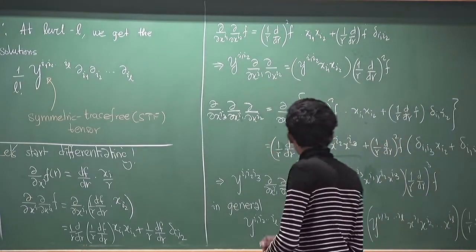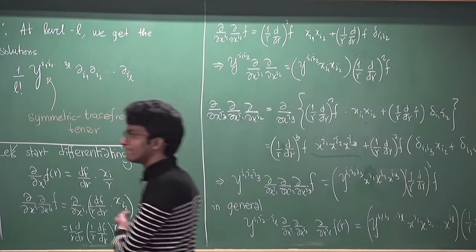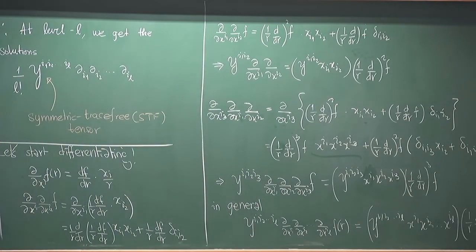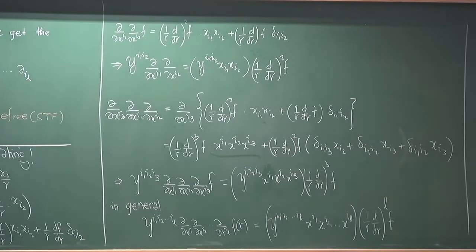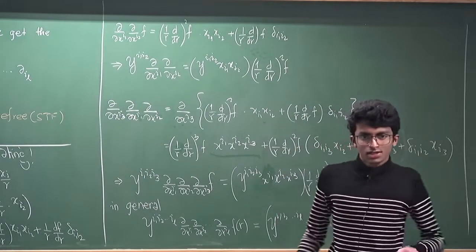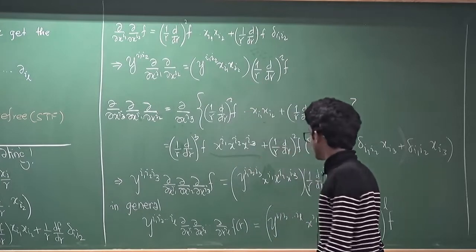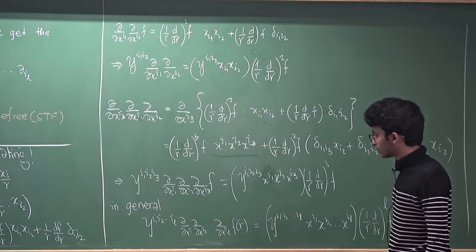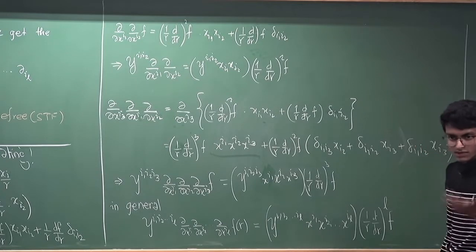Okay. So what we find is that to solve grad squared f equal to kappa squared f, the spherically symmetric solution was easy to write down, which is just the spherical average.